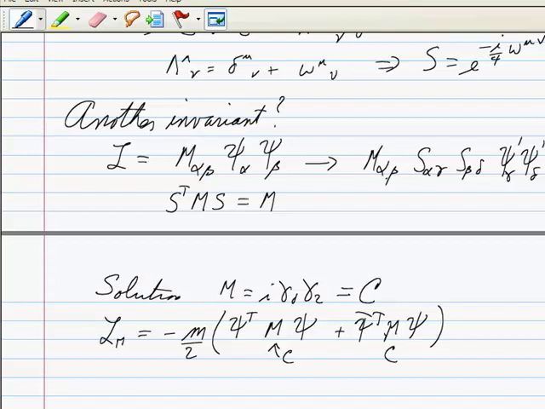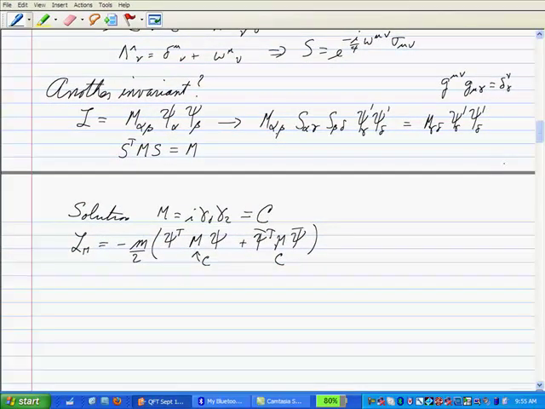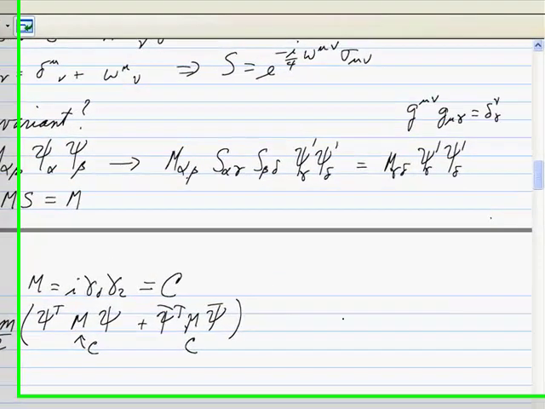M is C. I don't want to confuse it with the mass itself. So I've written down the term with its Hermitian conjugate, so that's why these guys are here. But this is a Lorentz invariant, and this is not psi bar, it's psi transpose, because this and that are the same thing, just in matrix notation, right? That's the Majorana mass term.